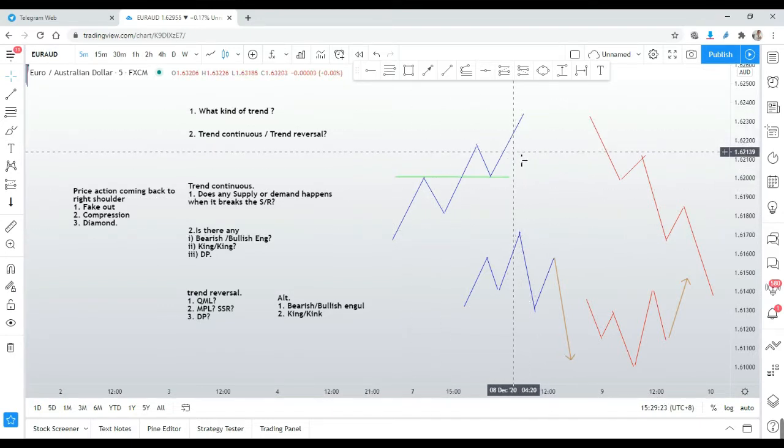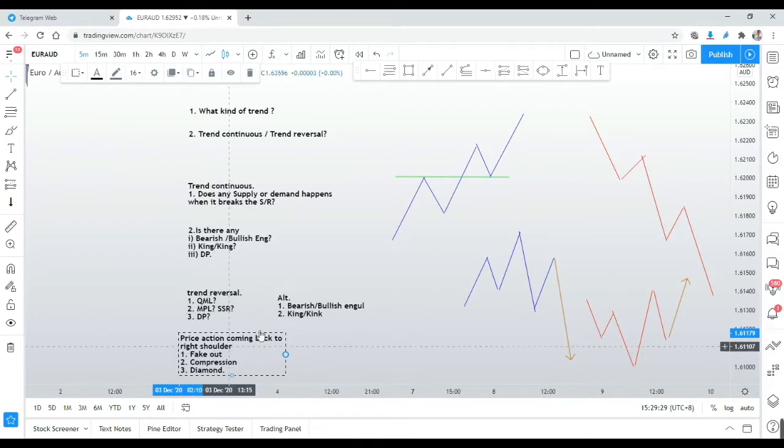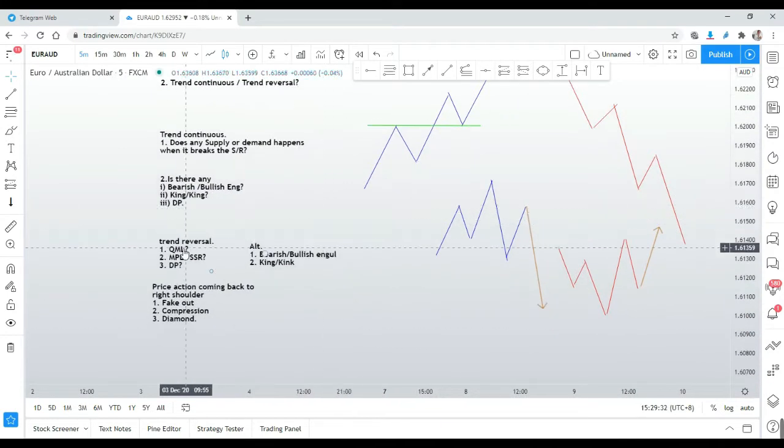So the next one is trend reversal. Trend reversal will be a bit complicated because we are talking about QML. We only focus on QML at this moment. When there is a QML, you need to identify whether it's a quick retest, where the left shoulder and the right shoulder ranges, measured from the head, are almost the same.